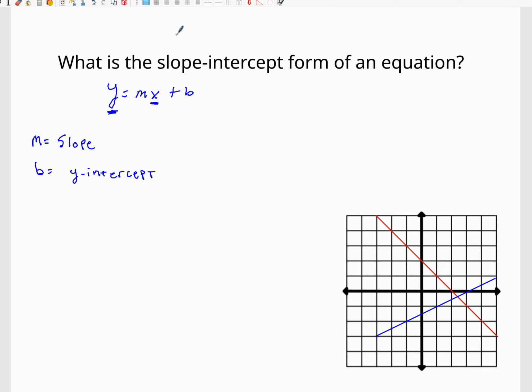Do you remember what slope is? The rise over run. Rise over run, that's exactly it. That's what I was hoping you would remember. Okay, so that is the same thing as saying the rise over the run of a line. Rise over run is slope.